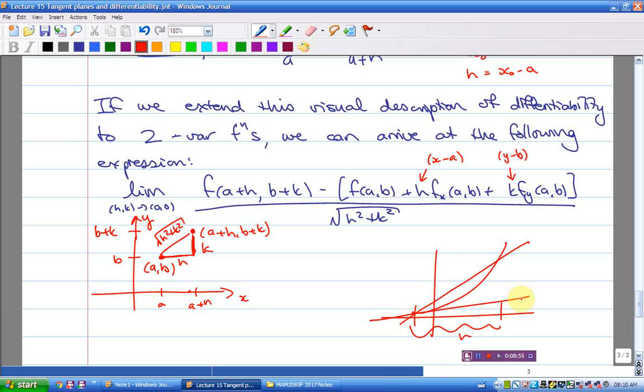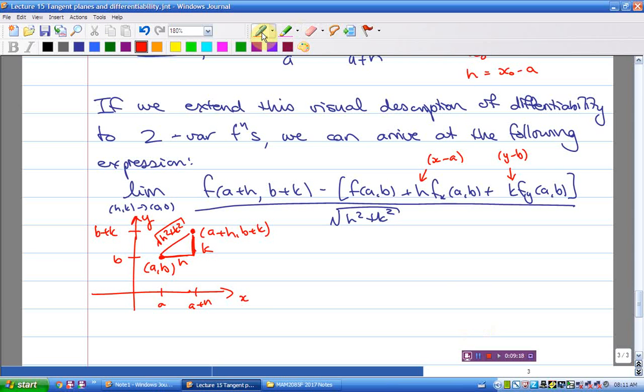You think back to almost certainly the very first lesson you ever had on calculus back in matric or whenever it was you did calculus for the first time. So what we do is we take that little distance in the domain and we make it tend to 0. But here our little distance in the domain is not just h, it's not just k, it's the square root of h squared plus k squared.